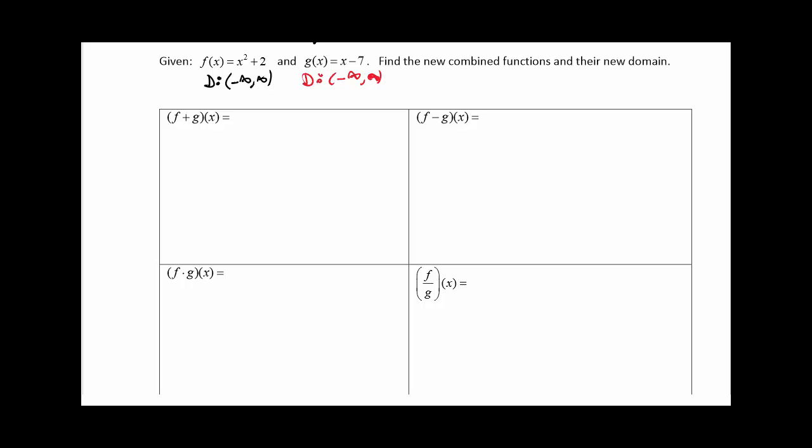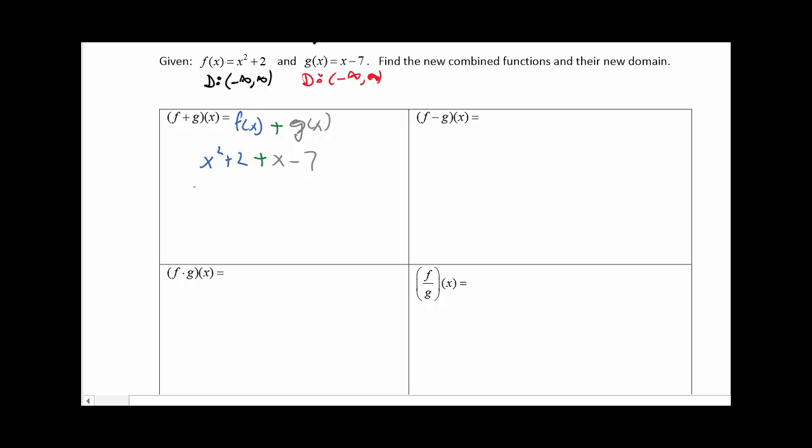So going through the mechanics then of this, f plus g of x means I want to take f of x and add it to g of x. Okay, so f of x is x squared plus 2, and I want to add that to the g of x, which is x minus 7.